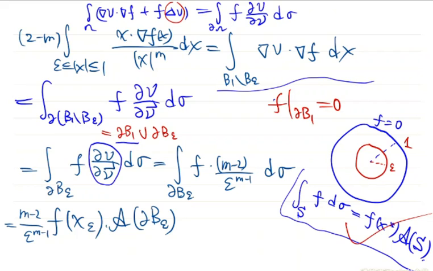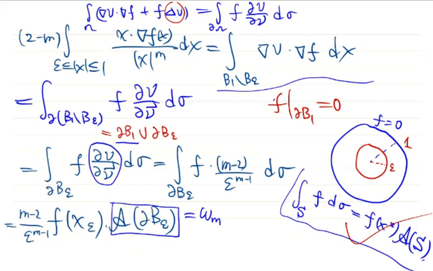The area of the sphere of radius epsilon is the area of the unit sphere, which we denote by omega m, times epsilon to the m minus 1. Omega m is the area of the unit sphere in R^m.